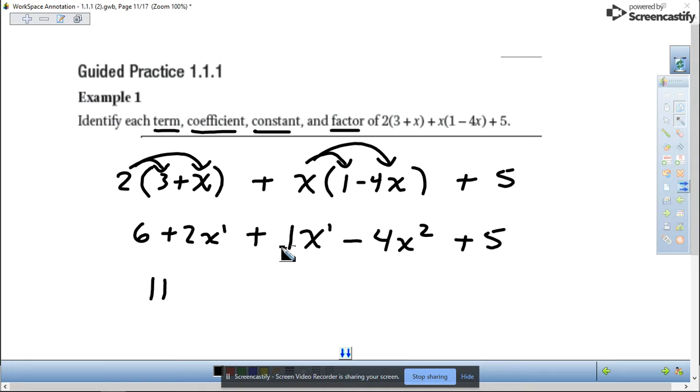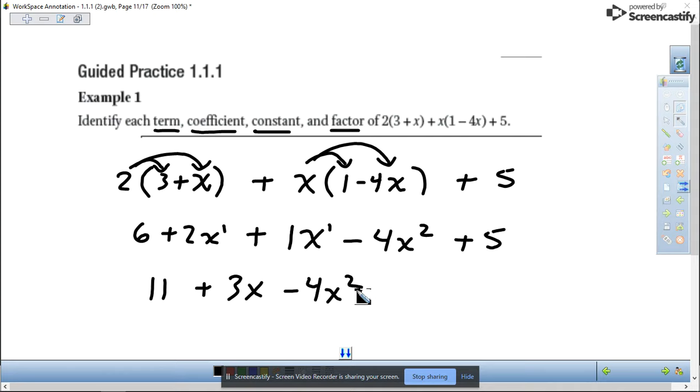Remember, the leading coefficient here is a 1. So 2x to the first plus 1x to the first would give us, we add those coefficients, those leading numbers, 3x. And I'm not going to put the 1 as being understood there. Okay? All right. That leaves us with the minus 4x squared. There's no other x squared terms, right? There's no other x squared piece, so that's going to be by itself.